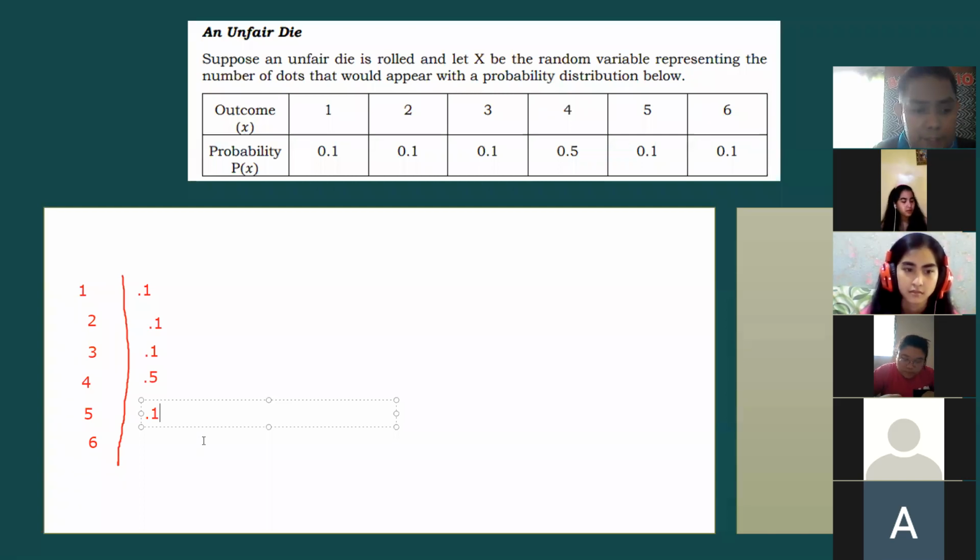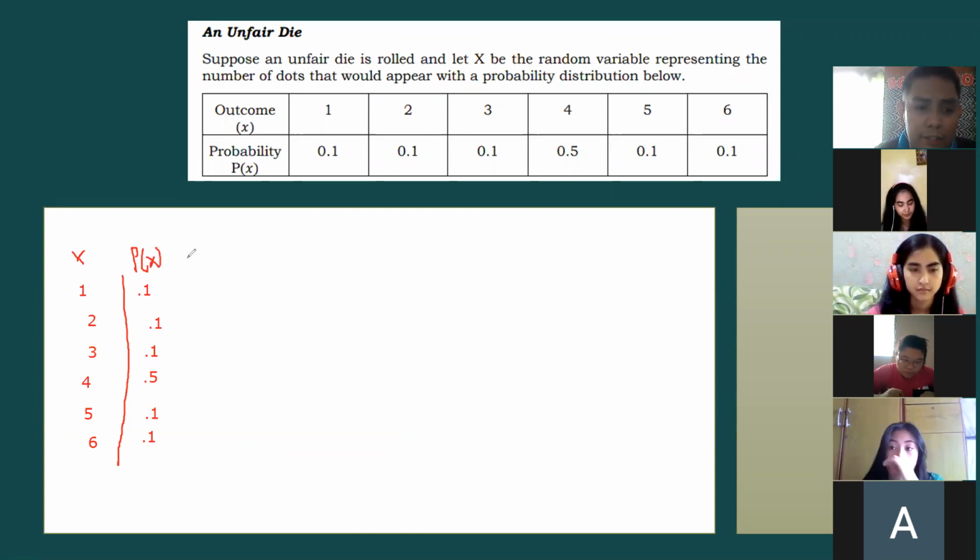At ang katapat ng 6 ay 0.1 ulit. Okay? So, check nga natin. Probability distribution ba to? Bawat isa ay less than 1. Kapag pinag-add natin yung probability nila, that's a total of 1. So tama siya. So this is our x and this is our p of x.